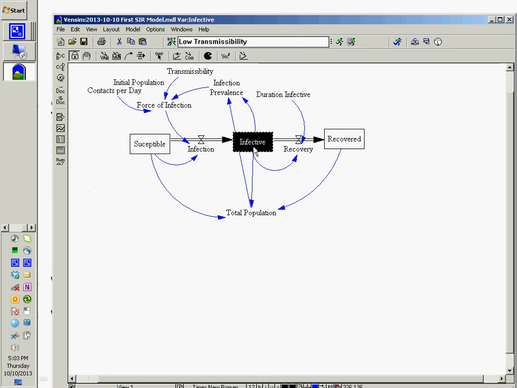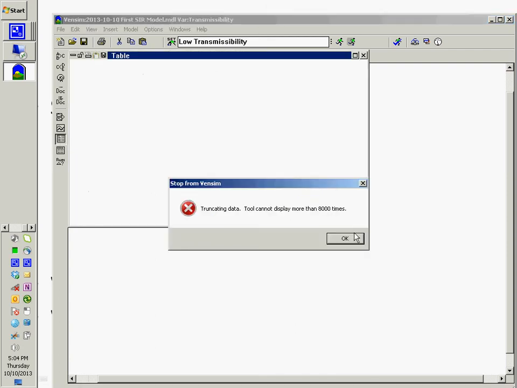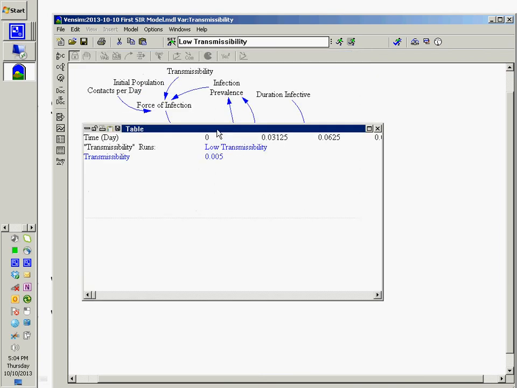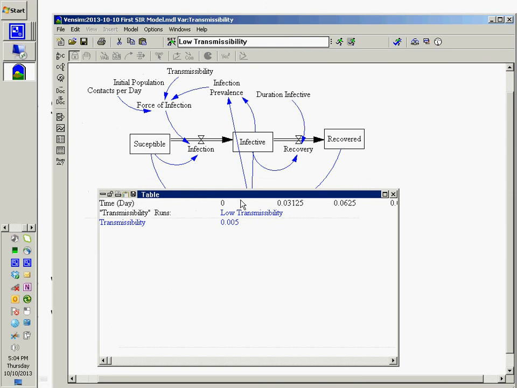Well, this alternative value, it's 0.5%, right? So the average number of susceptibles that infective would come into contact with per day is what?